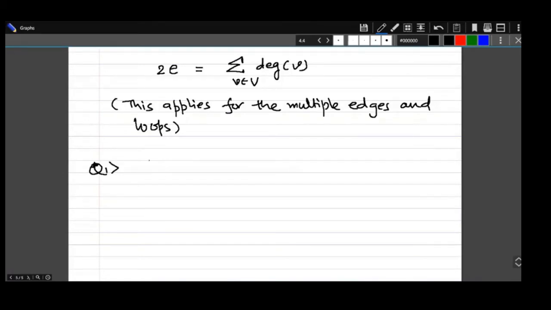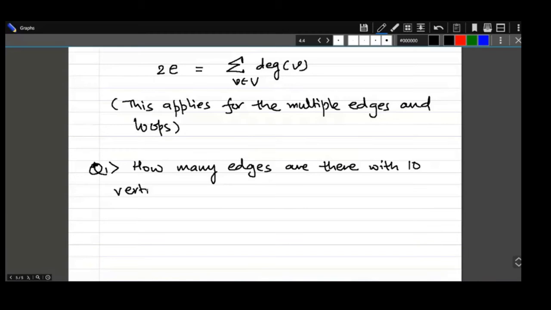Okay, so how many edges are there with 10 vertices, and this is interesting, each with degree 6?